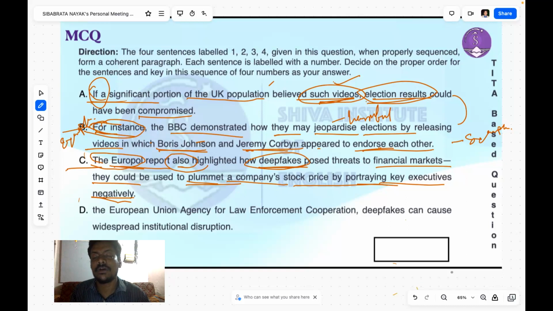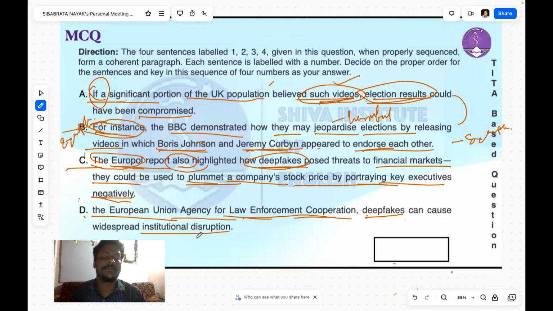Now move to option D, where it is stated the European Union Agency for Law Enforcement Cooperation. So you could find out the complete name is provided in option D, which states that according to the European Union Agency for Law Enforcement Cooperation, deepfakes can cause widespread institutional disruption.